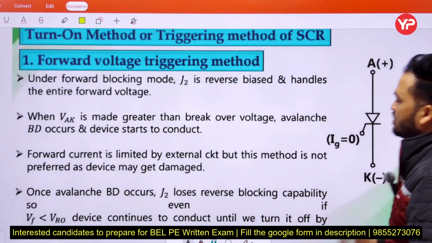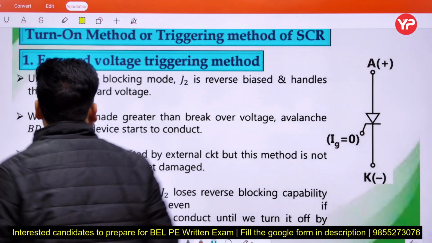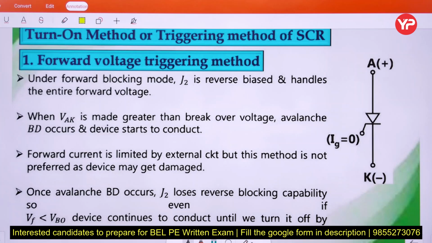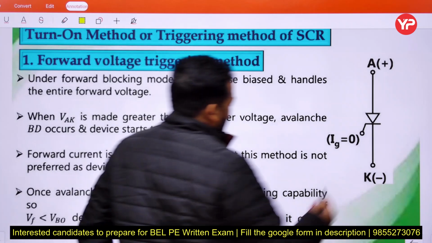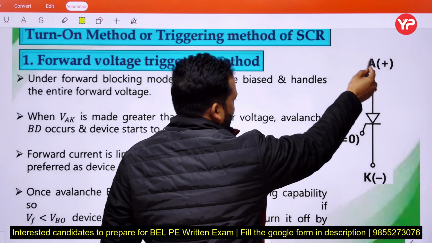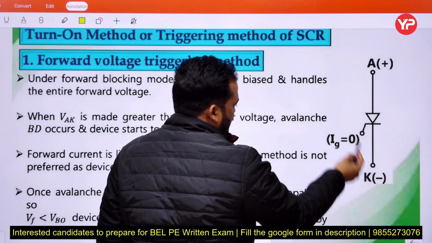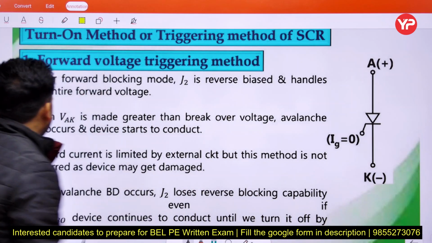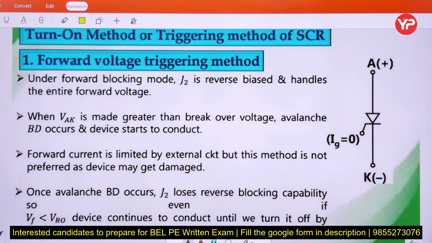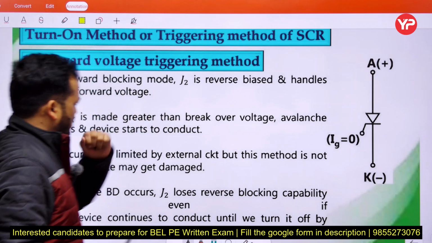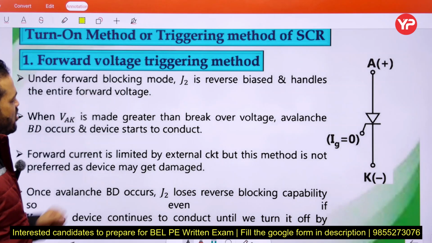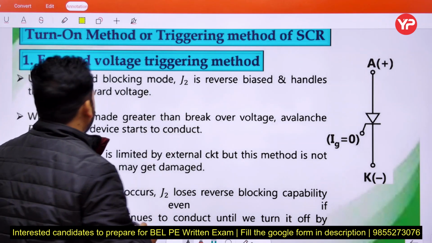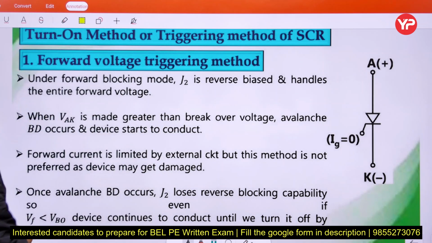Number 1, forward voltage triggering method. This is the symbol of SCR. A denotes anode, this is cathode, and this is IG, that is gate current, equal to 0. Then what is the first method? Forward voltage triggering method. Under forward blocking mode, J2 is reverse biased and handles the entire forward voltage.